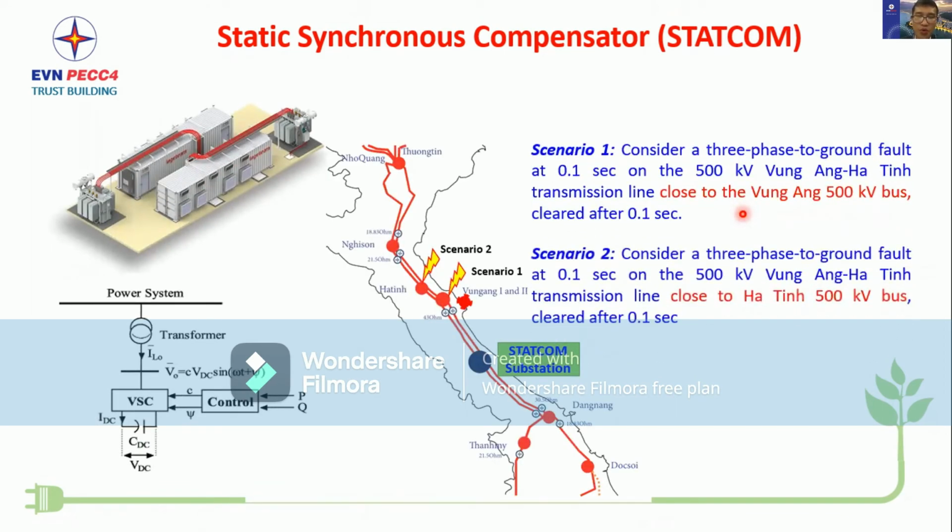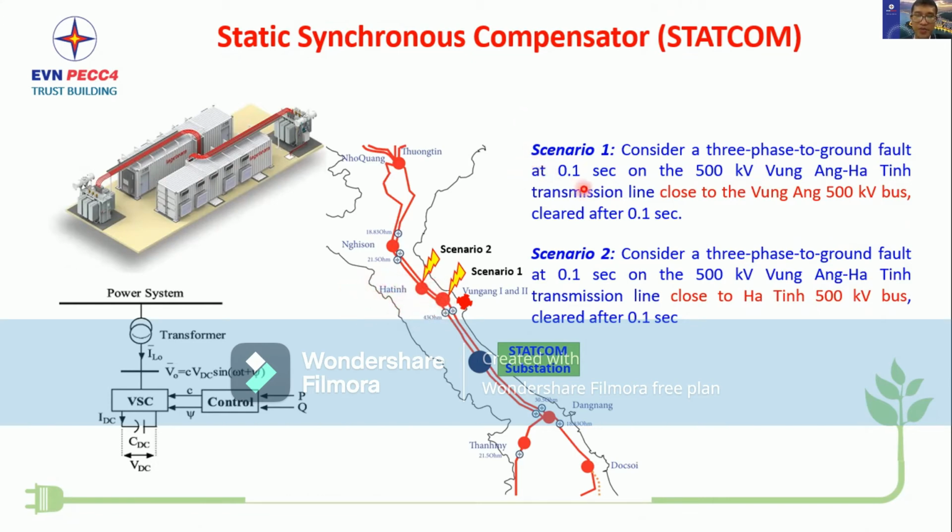So we simulate the fault with two cases. For scenario 1, we consider a three-phase to ground fault on the 500 kV Ha Tinh to Vung Ang line.